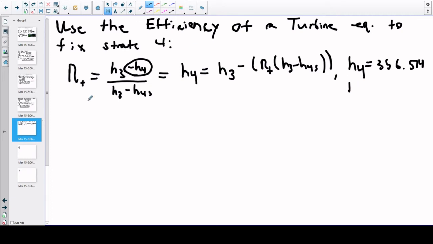And then you get T4. Well, I think you do. I don't know if I found it, but I know you can find it. Okay, I did not find T4. And so now we find all values associated with state 4, which is where I put down the temperature.